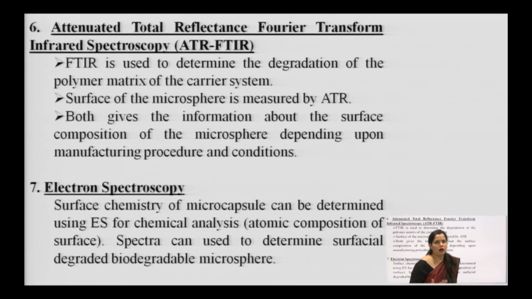What are the composition, what are the functional groups responsible for making bonds between the drug candidate and the polymer, what are the interaction points through which the drug is making bond with the polymer to be encapsulated within the polymer shell. This information can be revealed using electron spectroscopy, as it gives you information regarding atomic structure and atomic group compositions.